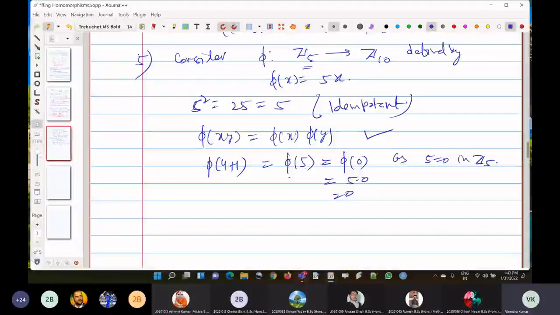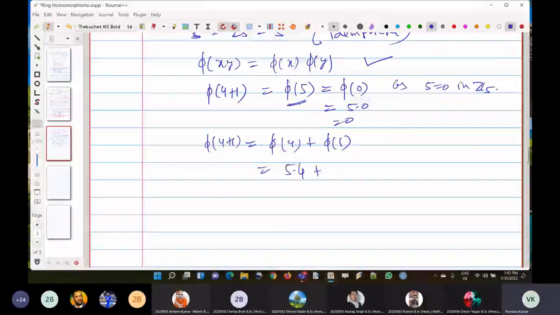But if it is a homomorphism, then we can write phi of 4 plus 1 as phi of 4 plus phi of 1. So phi of 4 is 5 times 4, and this is 5 times 1. This is 20 plus 5, which equals 25, and 25 modulo 10 equals 5.